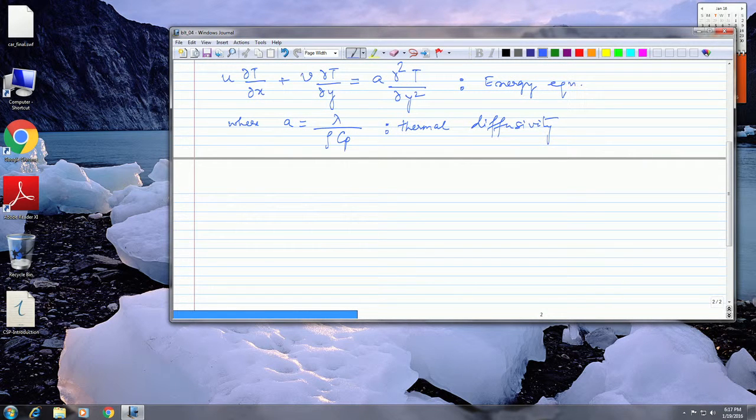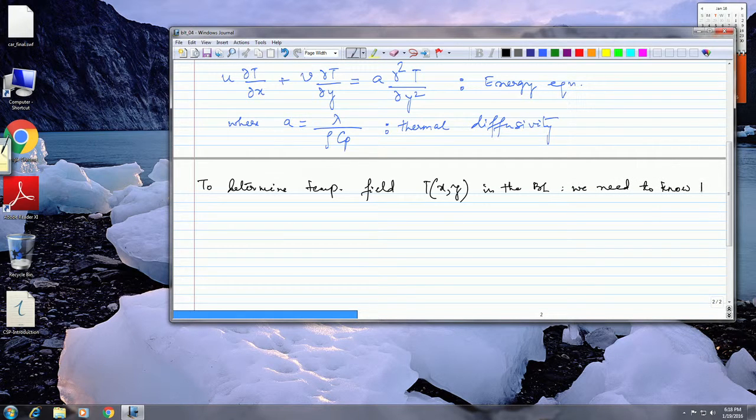To determine the temperature field, that is T(x, y), in the boundary layer, we need to know the velocity field, which is this.